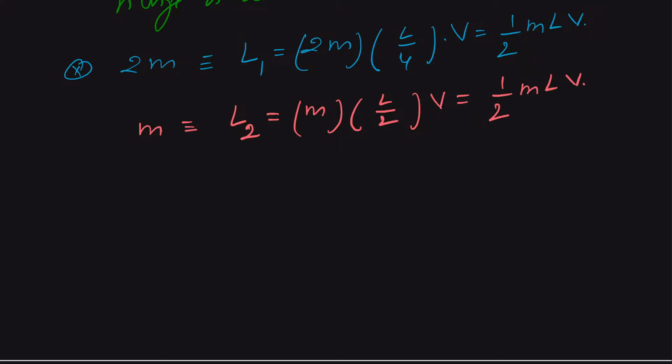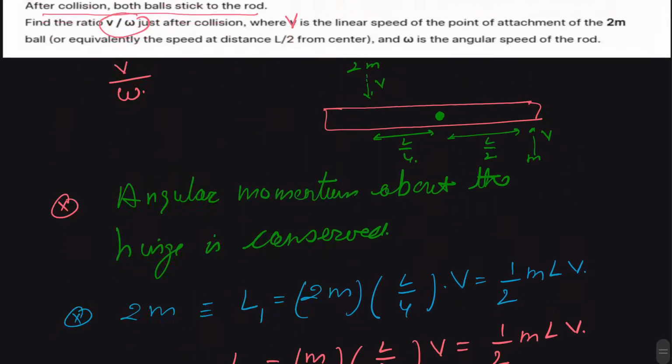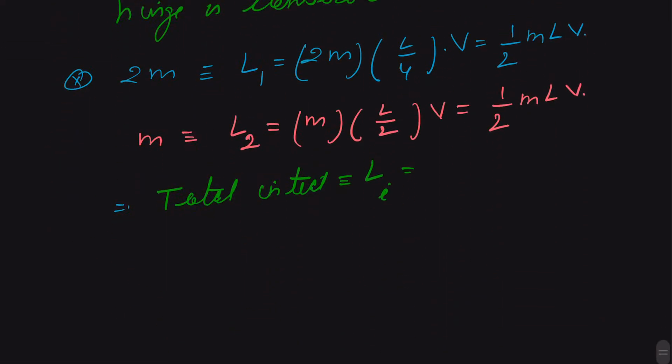So this is our initial. So you can see our total initial Li will be equal to, because the direction is going to be the same, half and half plus. So this will be L1 plus L2. This will be giving us m L v.